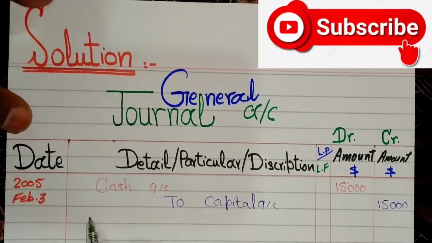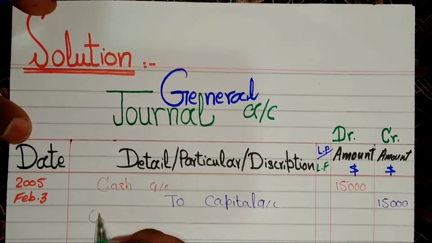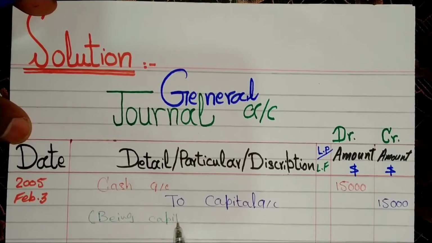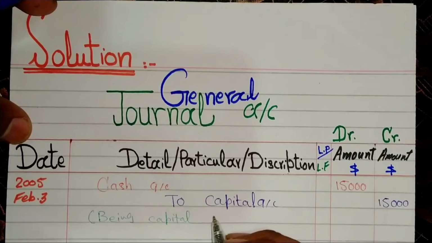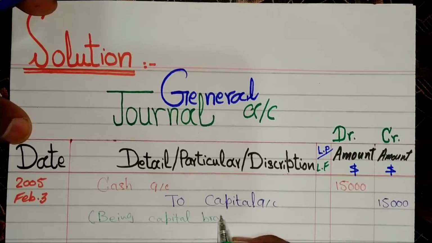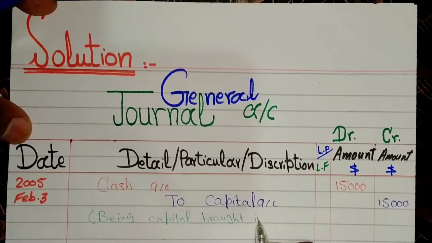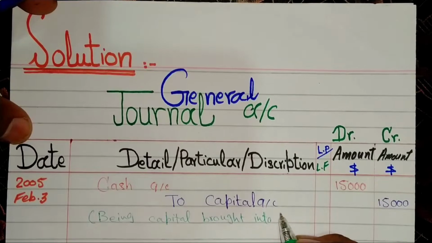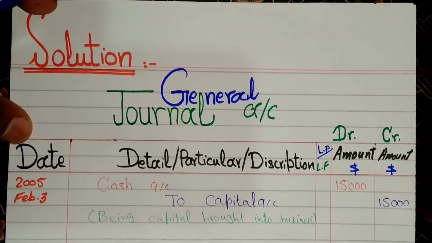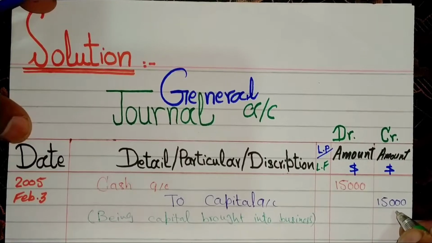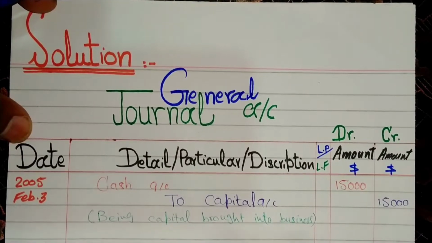The description of this entry will be being capital brought into the business. Simple. $15,000 capital is the liability of the business.